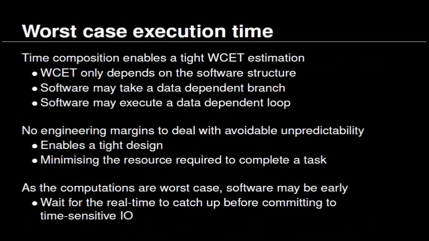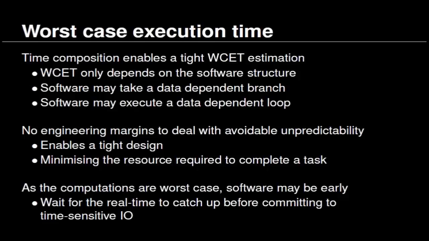So tasks like that, well, we can now estimate the worst case execution time, which is a normal thing in real-time programming. The difference here is that because we've taken all this contention out of the system, our worst case execution time estimate is going to be a really tight estimate. And it's only going to be bounded by how badly your software is structured. If your software has got lots of if statements and unbounded loops, your worst case execution time is going to be quite unbounded because your software won't allow us to estimate it.